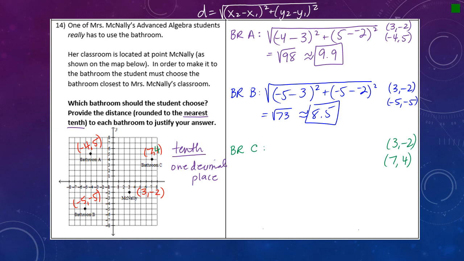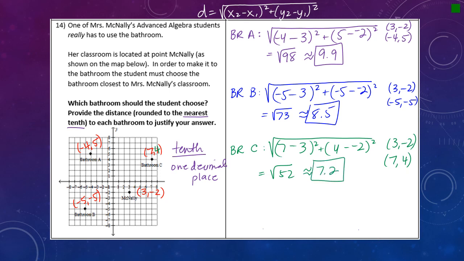Okay, so now I have to set up the formula. And my points would be 7 minus 3 and 4 minus -2. The number under the radical turns out to be 52. And when you put that all into your calculator, you would get 7.2 as your answer rounded to 1 decimal place.